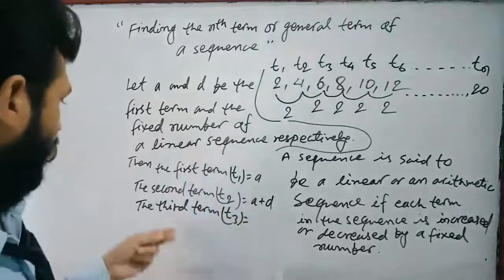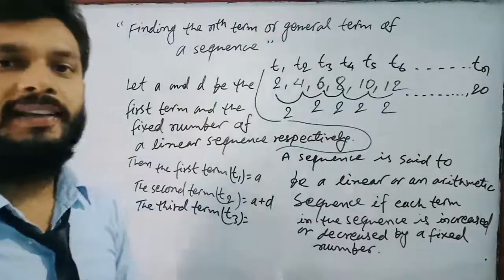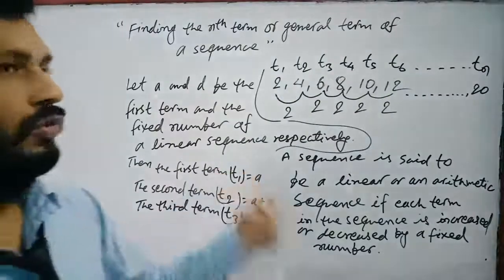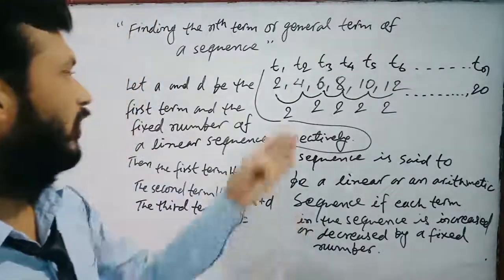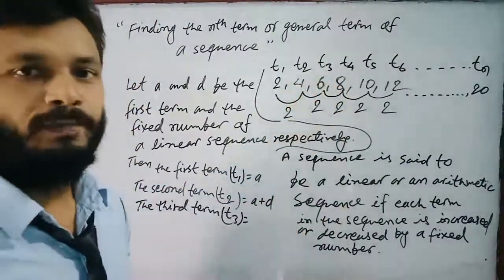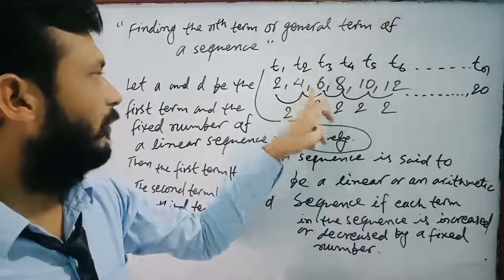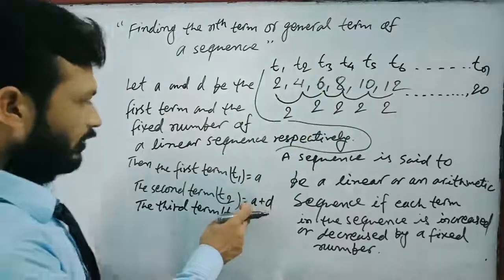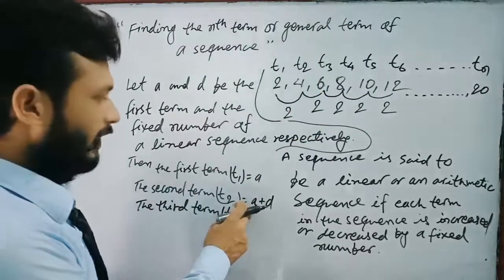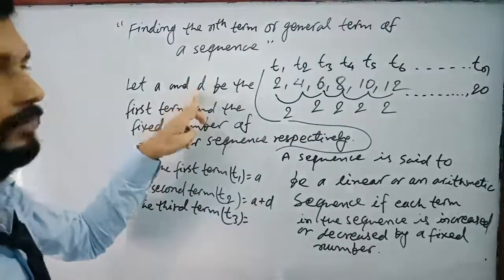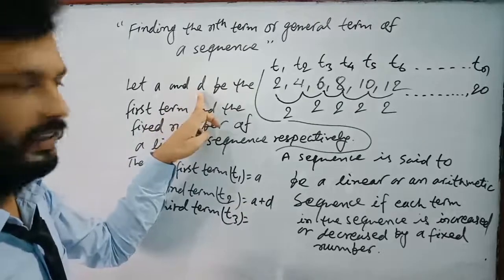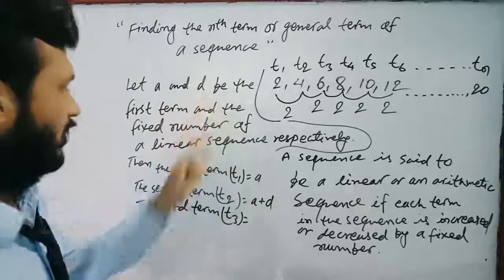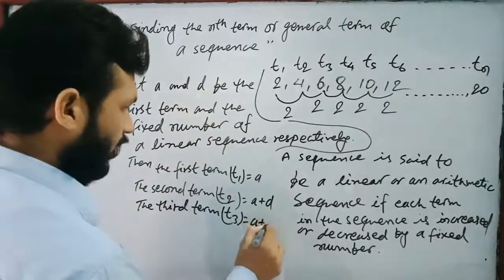The third term is the sum of the second term and the fixed number. The second term is A plus D and the fixed number is D, so A plus D plus D we get A plus 2D.